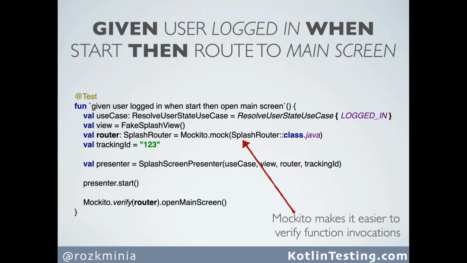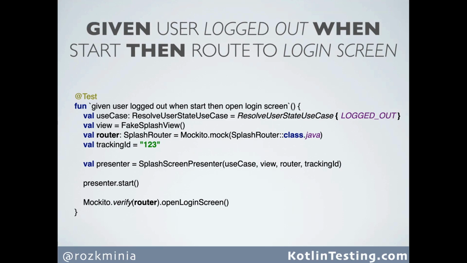We create router with Mockito and then verify with Mockito function verify if this method was called. And of course, there is opposite case.